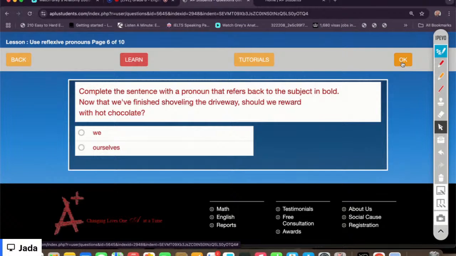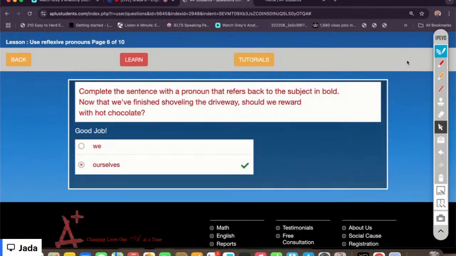What do you think? So ourselves, so we should reward ourselves with hot chocolates.